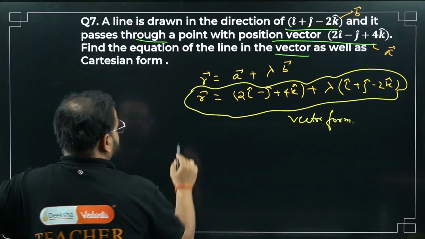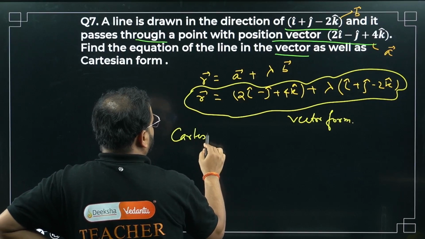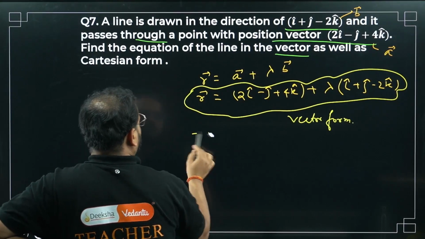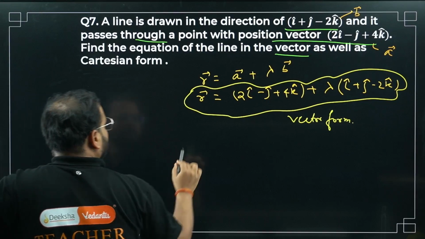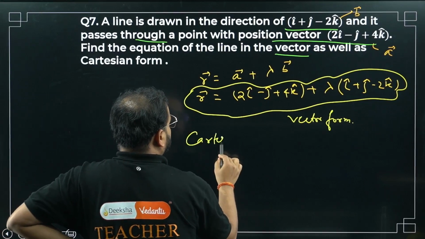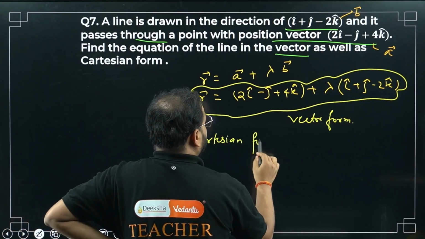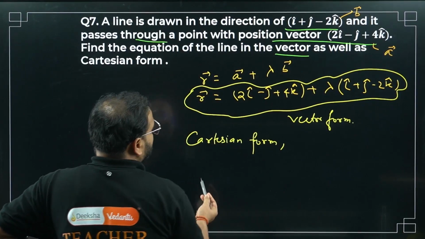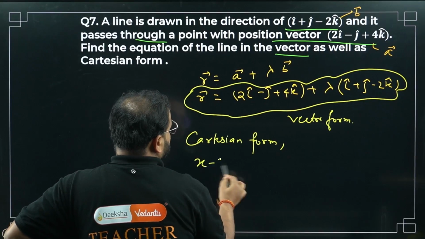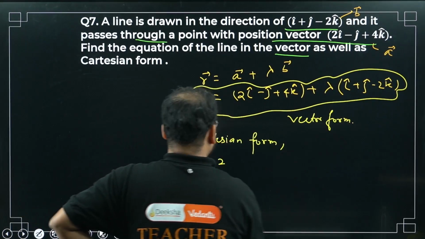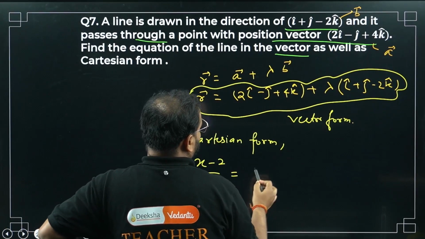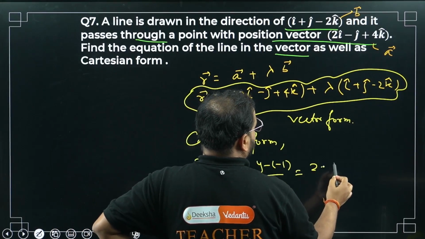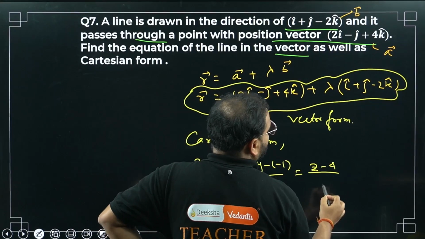Now looking for the Cartesian form. Let's check. This will look like, have a look, x minus 2 upon 1 equals y minus of minus 1 upon 1 and z minus 4 upon minus 2.